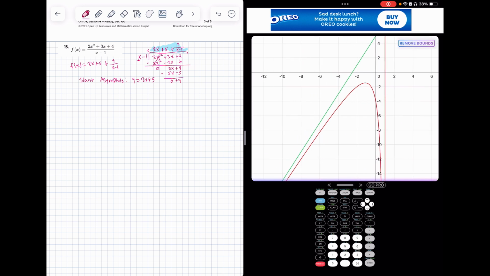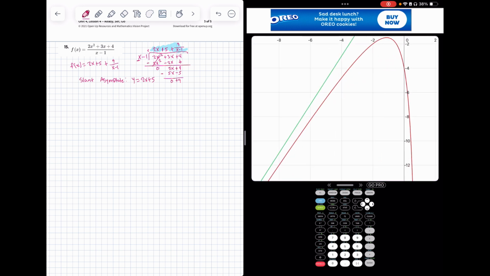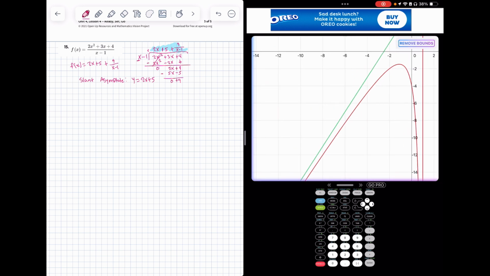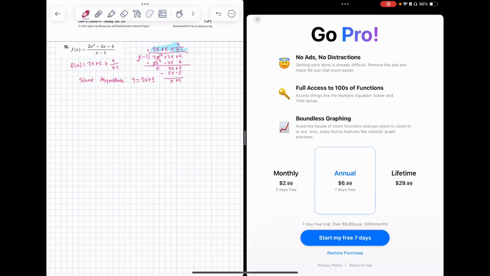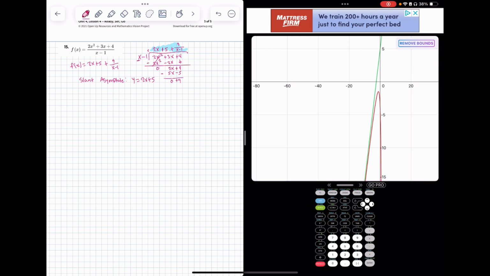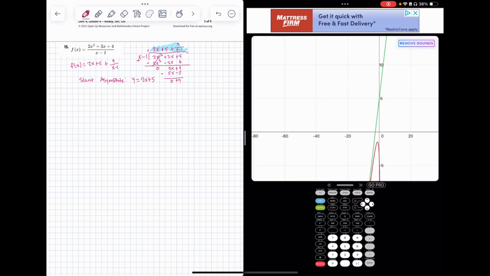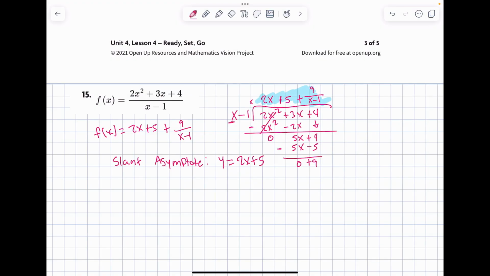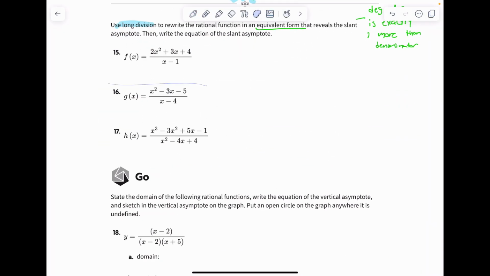If we were to keep on going forever and ever, let me change my window to negative. Interesting. Okay, well, you'll see that it's just going to touch it slightly, right? That's what a slant asymptote is. Cool. Let's do 16.